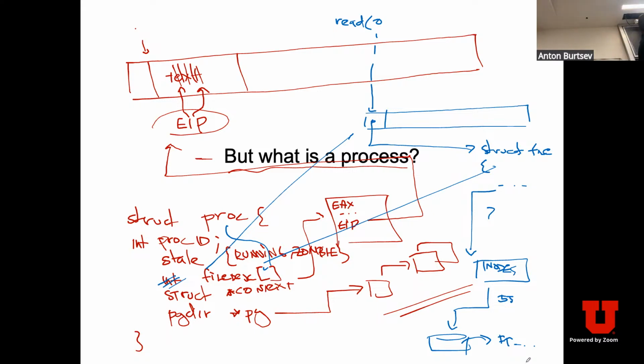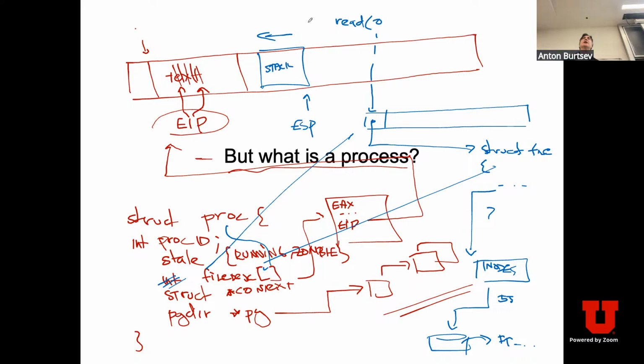Yeah. So I don't want to spend time on it right now, but roughly speaking, when we will be talking about system calls, typically when the user process is running, it has its own user stack.